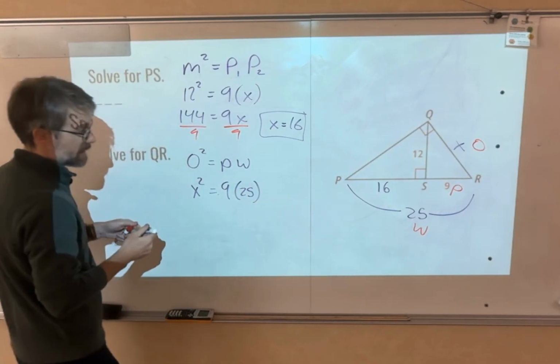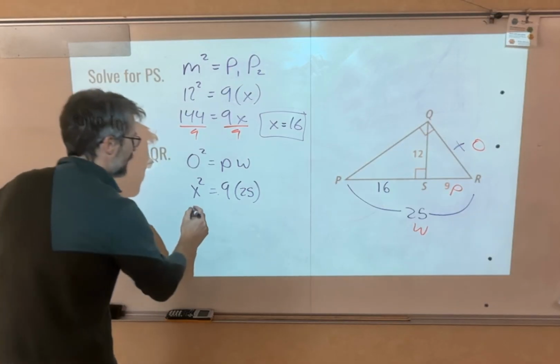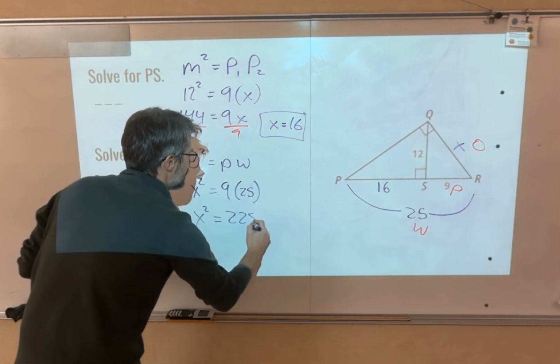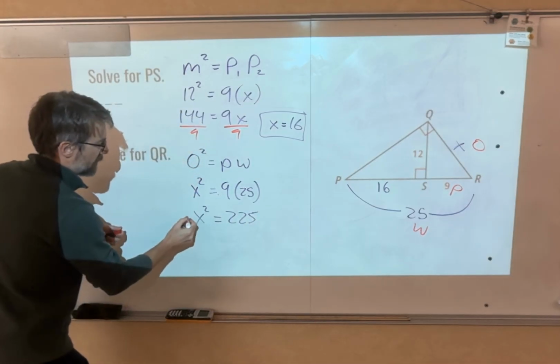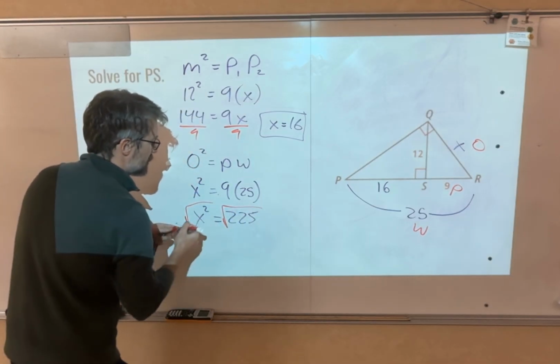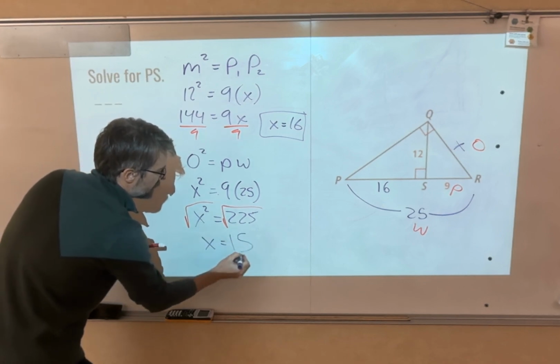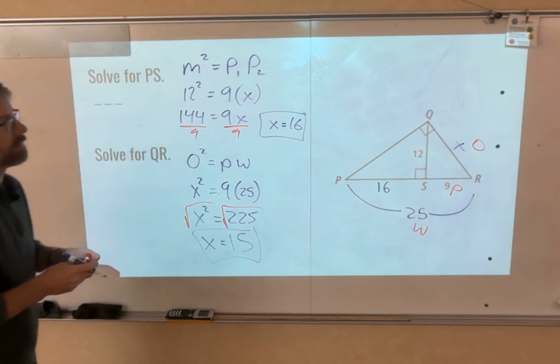If we do 9 times 25, that's what, 225? So x squared equals 225. I don't care what x squared is, I want x, so I need to take the square root, and we get that x is equal to 15.